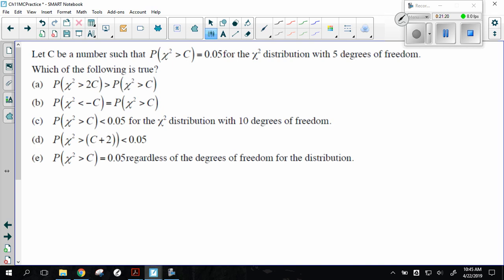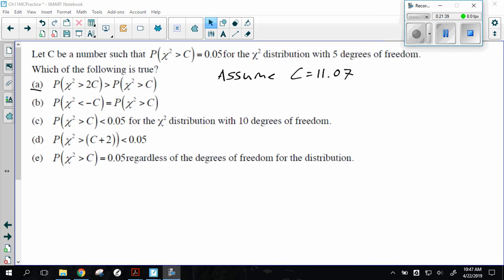Let's assume C equals 11.07. Okay, so let's go ahead and check A. If I multiply C times 2, I get a chi-square statistic of 22.